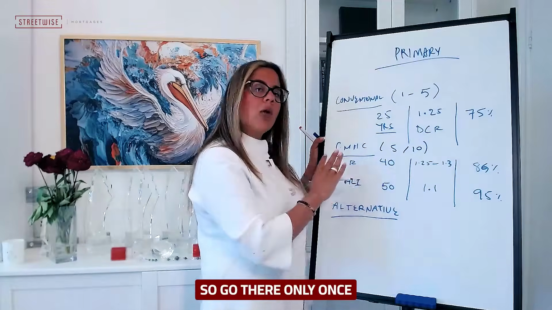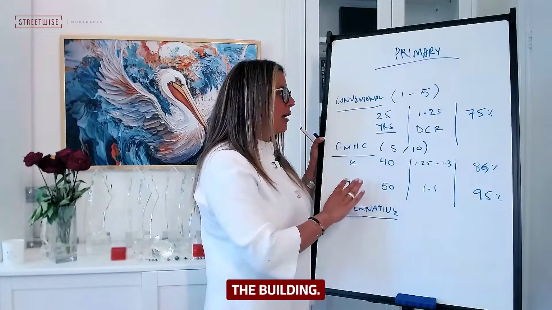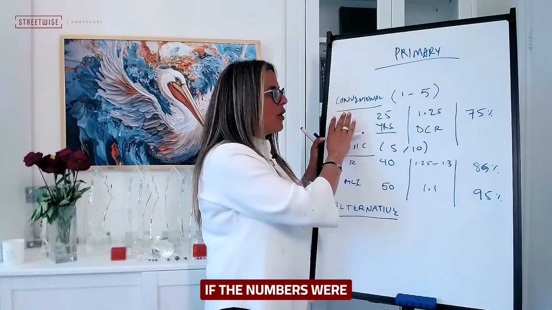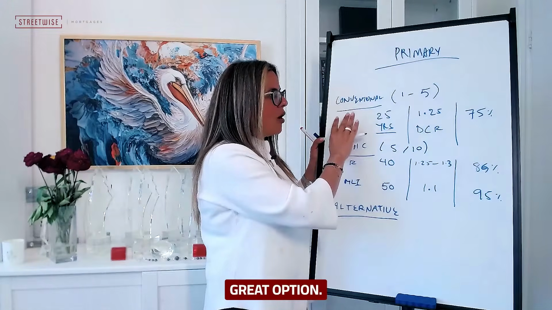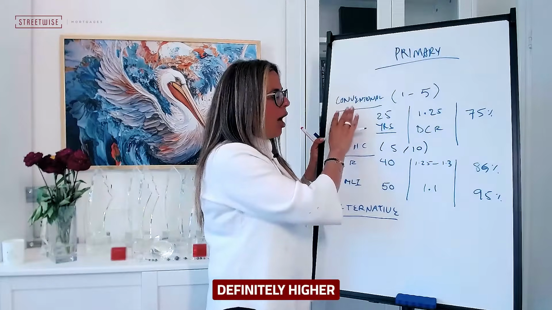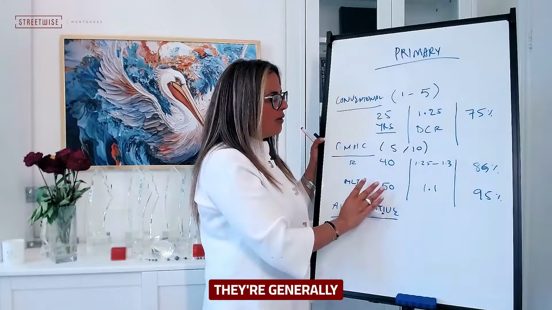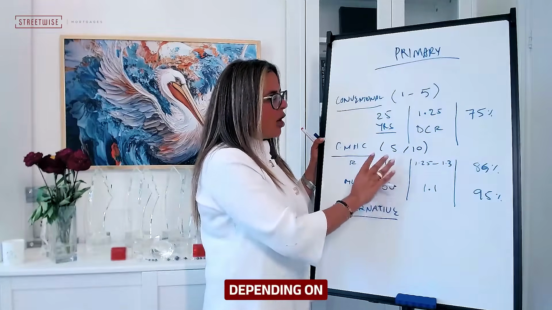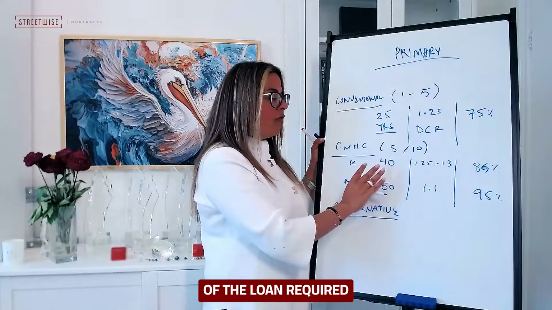So go there only once you stabilize the building. This is a great option. If the numbers work, if the debt coverage works, this is a great option. Your interest rates here will be definitely higher than your interest rates here. They're generally 1 to 1.5% higher depending on the size of the loan we're applying for.